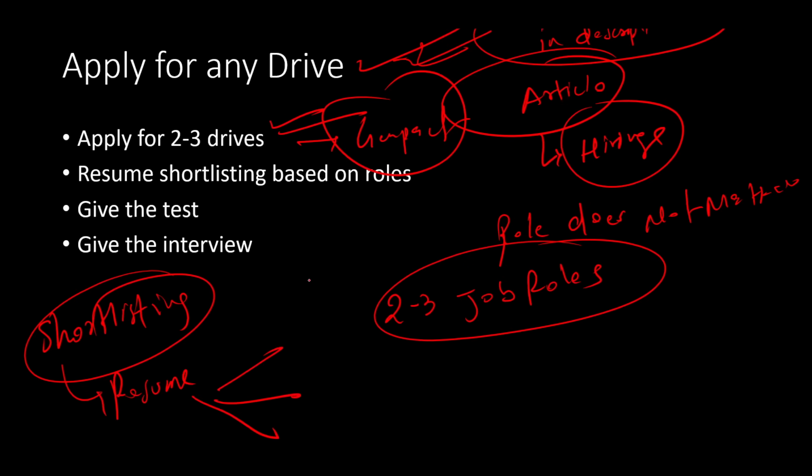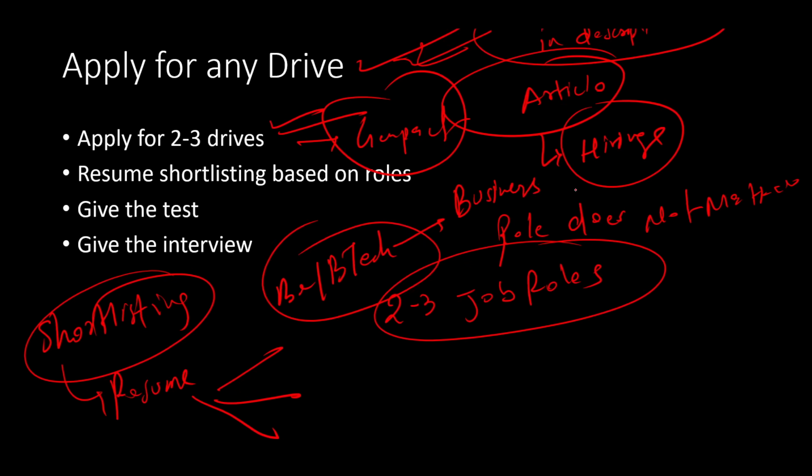Suppose someone is from a BTech background and has good technical skills, and they have a requirement for, say, business analyst SQL, then they send the assessment for the SQL profile. Suppose a candidate is not very strong in technical, they send the voice assessment for the process associate role.